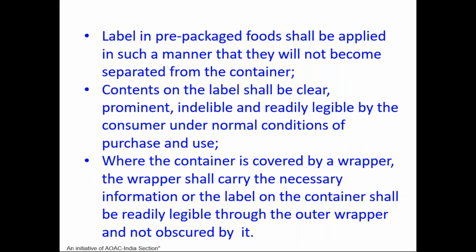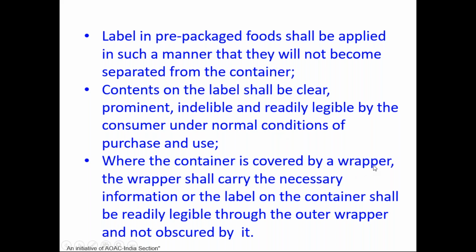The label in prepackaged food must be applied such that it does not come off, however the distribution or the transport or storage is. The contents on the label have to be legible and very clearly readable, and it should not smudge or smear if there is water spilt onto it or even if oil spills.